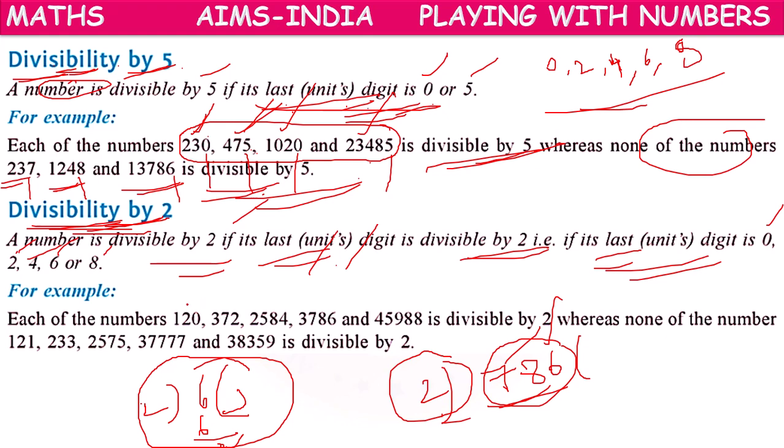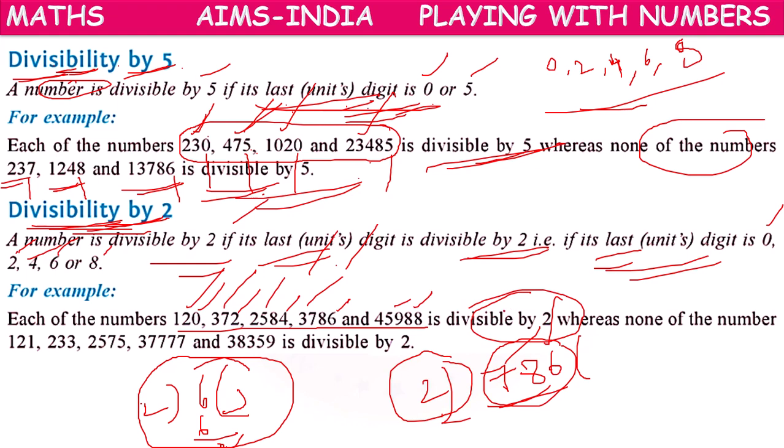If you observe these numbers, 120, 372, 2584, 3786, 45,988, the unit digits are 0, 2, 4, 6, 8. So directly we can tell they are all divisible by 2.